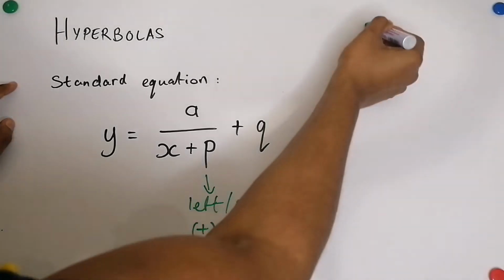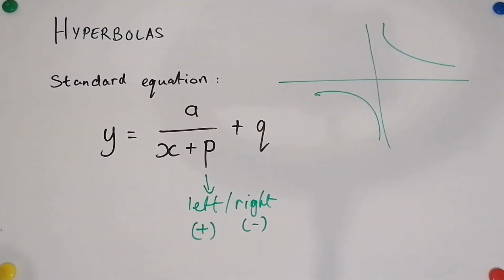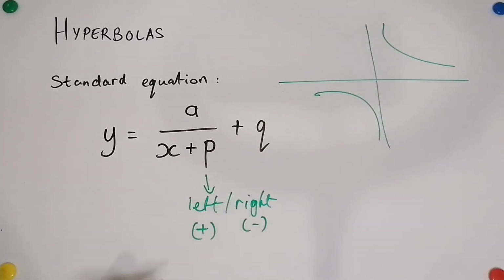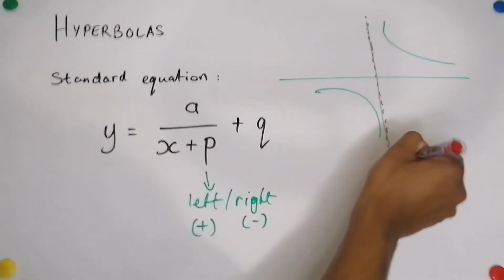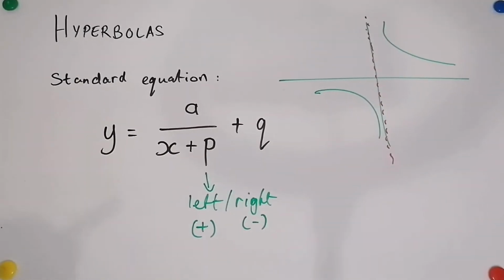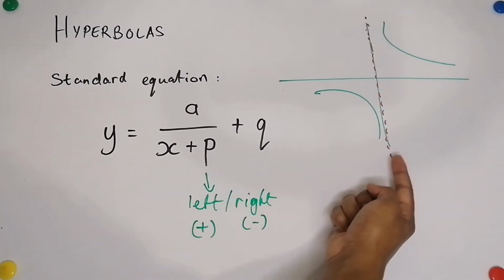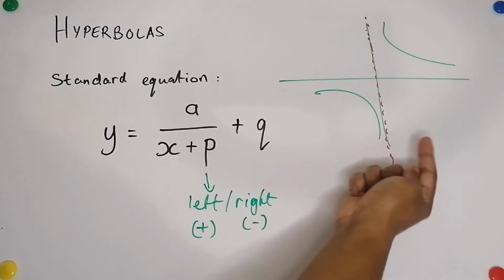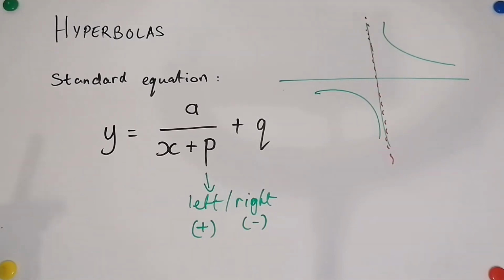Now if you remember, a hyperbola looks something like this, either drawn in the first and third quadrants, or the opposite, second and fourth quadrants. But let's say it's drawn in the first and third quadrants. We always have this vertical asymptote on the y-axis. So when the graph moves to the left, the vertical asymptote moves with it, and if it goes to the right, the vertical asymptote will also move with it.